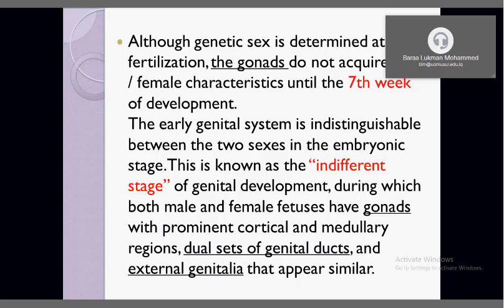In the indifferent stage, the embryo cannot be distinguished as male or female. Both those who carry XY or XX chromosomes have an indifferent gonad, with no difference in the internal genital organs, which are composed of two sets of genital ducts, and the external genitalia, which are similar in both sexes.